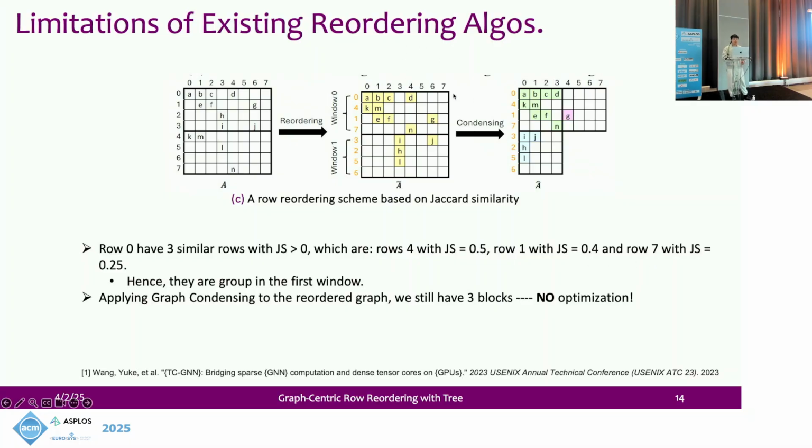If we put those rows together and then apply the graph condensing technique onto the reordered rows, we will find that there are still 3 blocks left, which means that there is no optimization.